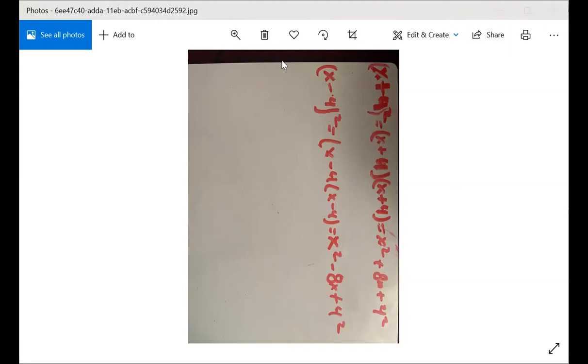This is where it gave us the idea of what to add on both sides. You can see there are other cases that we can use these ideas, right?